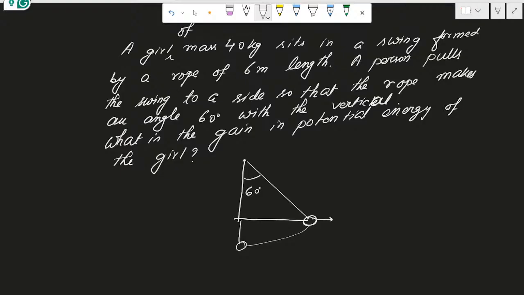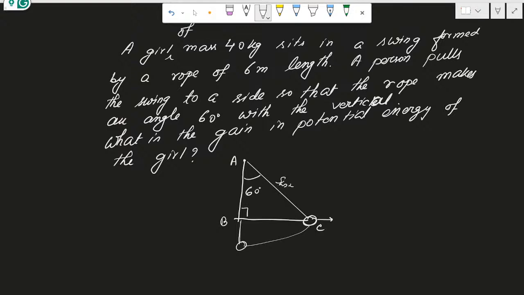Yes. So what we can consider here is this triangle ABC. I make a triangle ABC. The angle is 60 degrees, this is the right angle, and this AC is the swing.